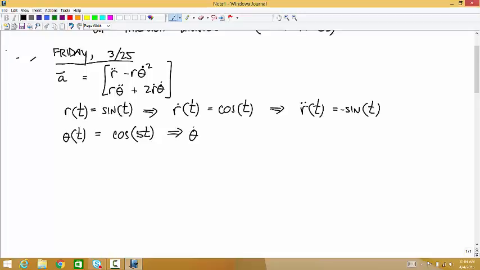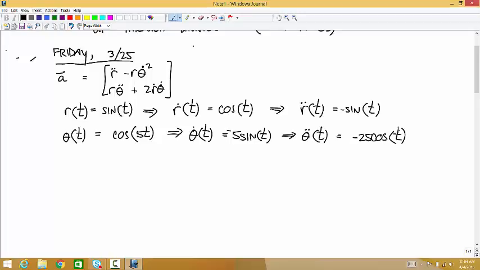So theta dot is negative 5 sine t, and theta double dot is negative 25 cosine t.